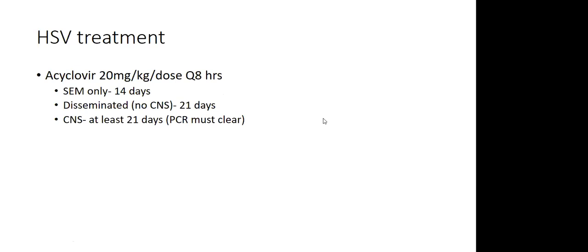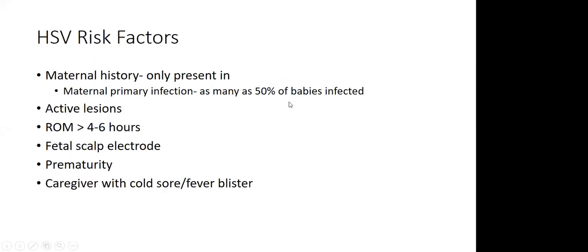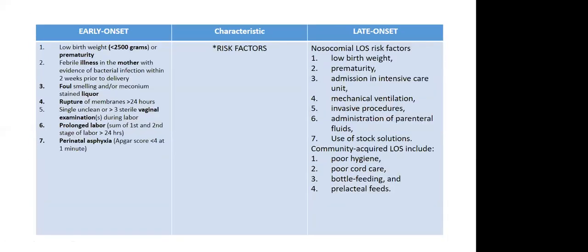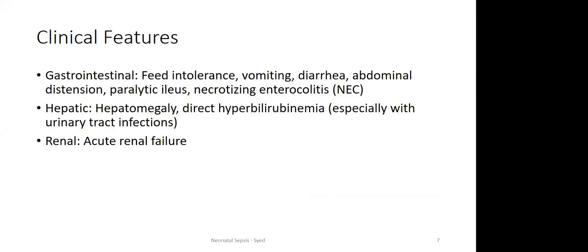I'd like to ask about the slide on clinical features regarding the GIT: direct hyperbilirubinemia, especially with urinary tract infection. How can the UTI specifically cause direct hyperbilirubinemia?